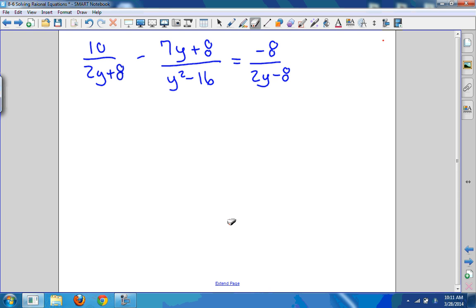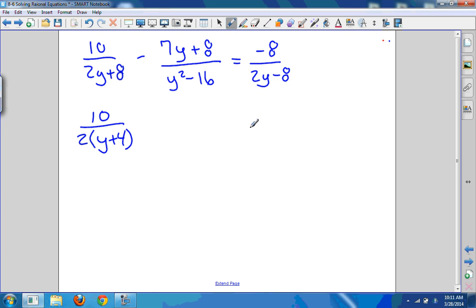So I think what we can do to make this a little bit easier on us is to factor these before we find our greatest common denominator. So let's do that and see what happens. This denominator, 2y plus 8, the 2 and the 8 have a common factor of 2. So I'll factor out a 2, and inside I get y plus 4.